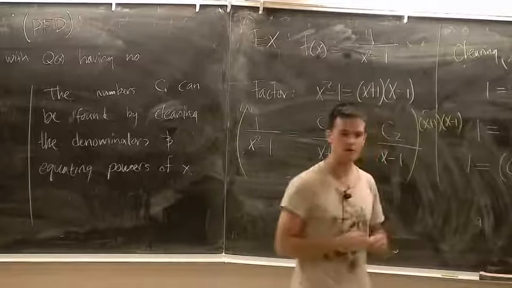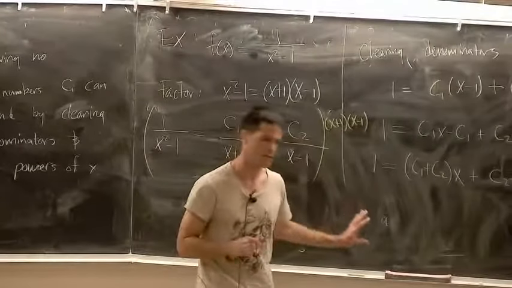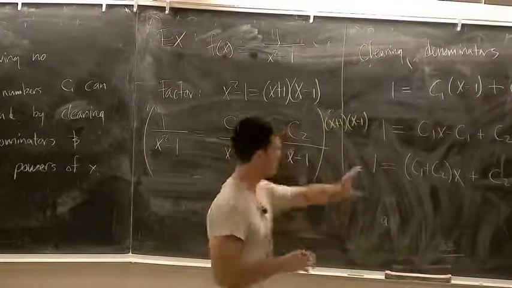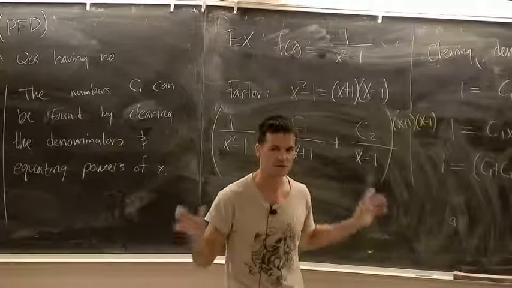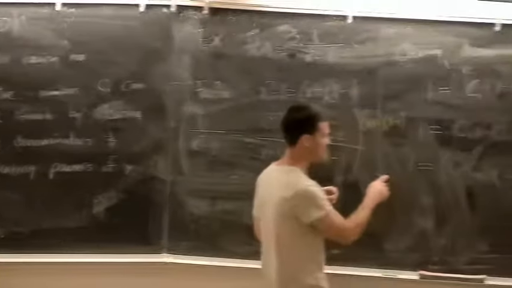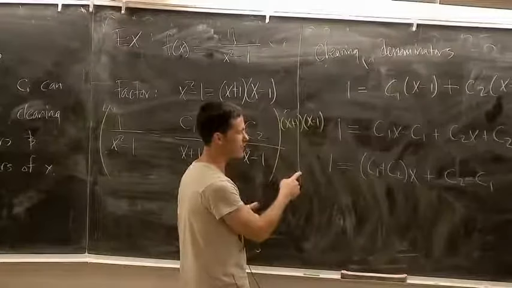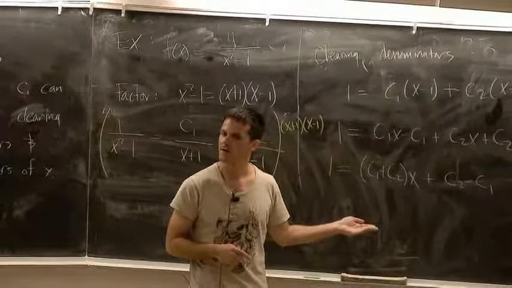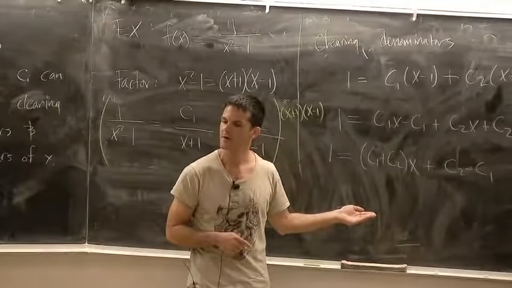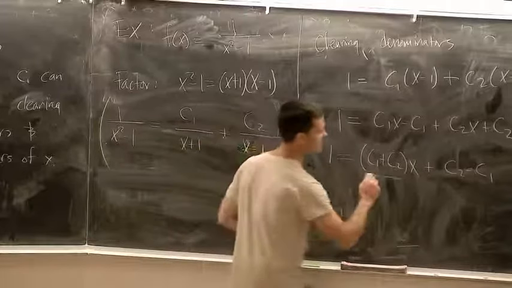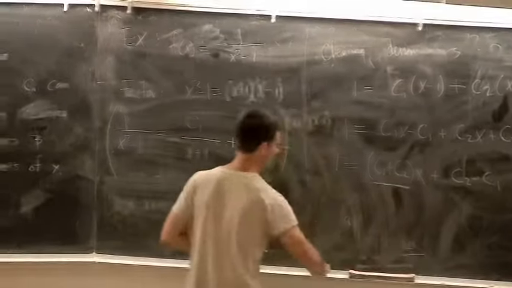By equating powers, I mean, this is a general thing you can do with polynomials. If you ever have one polynomial equal to another, the only way that that can be true is if all the coefficients match. Now, there is no x term on the left, so what has to be the x term on the right? We don't see an x term here, so that means this coefficient must be 0, right?